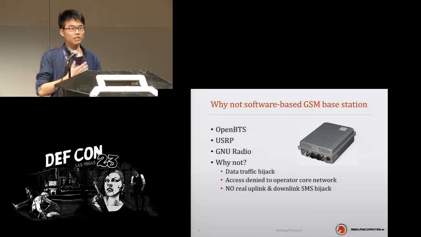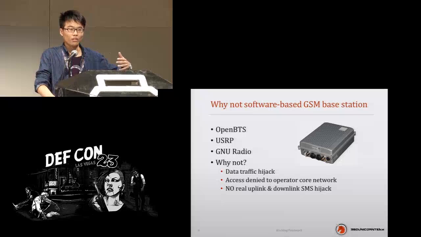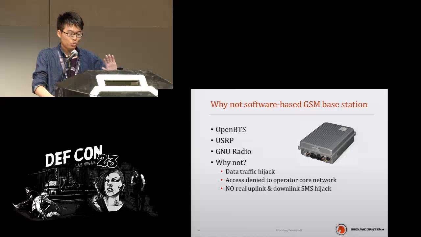So maybe someone wants to ask, why do you guys not just use a software-based GSM station, such as OpenBTS, USRP, or GNU Radio? Because this software-based station can do the data traffic hijack, but if you want to know the SMS, or modify the data traffic, it's not okay.